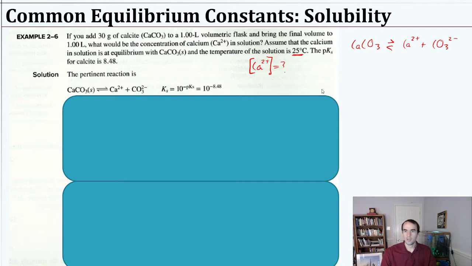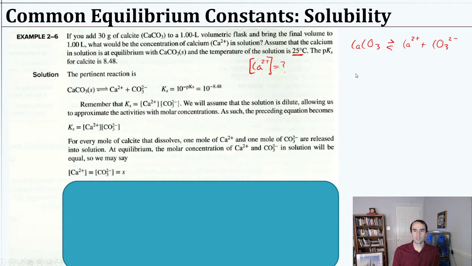Okay, so hopefully you had a moment to think about this. Let's see what the book says about it. So we have our Ks, and the first thing they're reminding us of is that Ks is equal to, and they write with the squiggle brackets, which I'm going to explain briefly and we'll get into next time, squiggle brackets for Ca and squiggle brackets for CO3 2 minus.